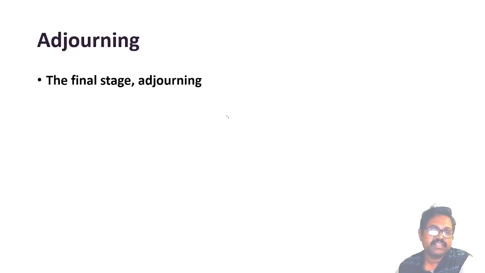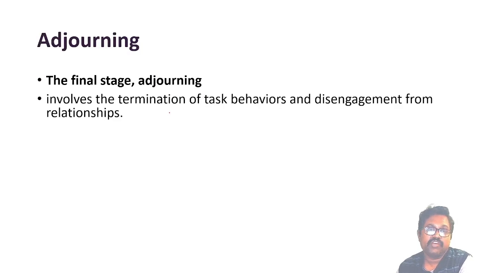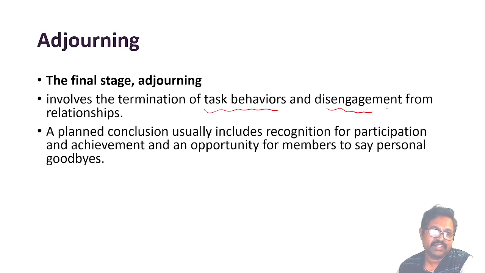So adjourning is the final stage, which involves the termination of the task, behaviors, and disengagement from the relationships. It is a planned conclusion, usually including recognition for participation and achievement, and an opportunity for the members to say personal goodbyes.